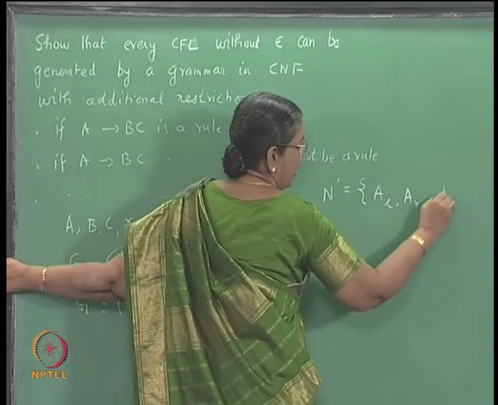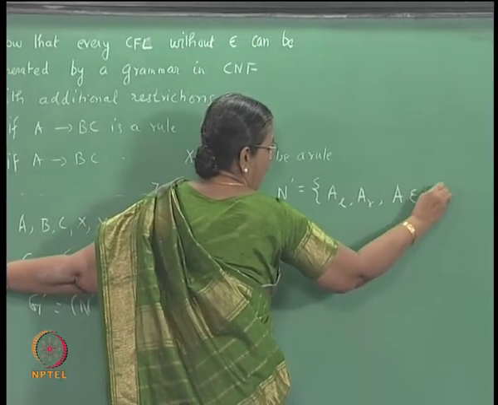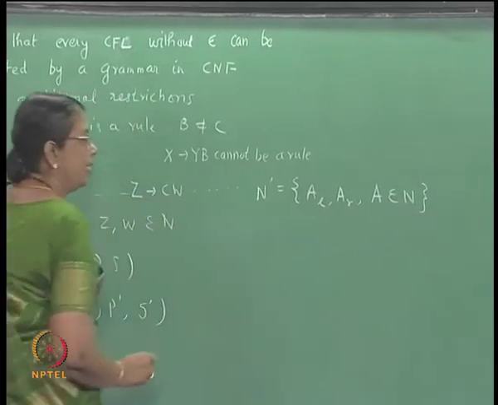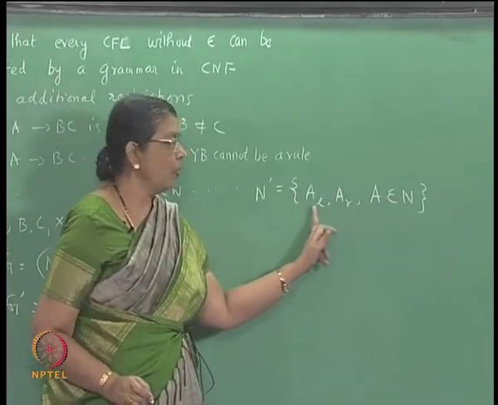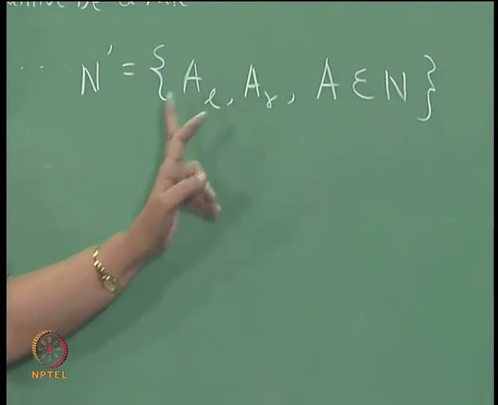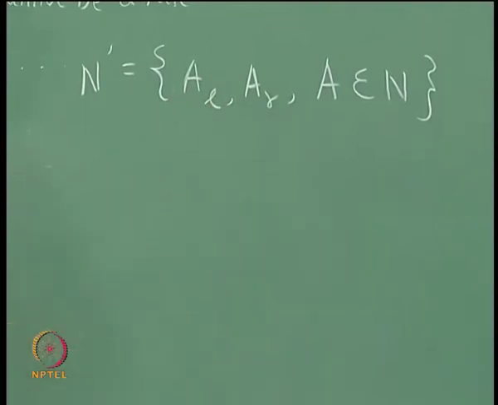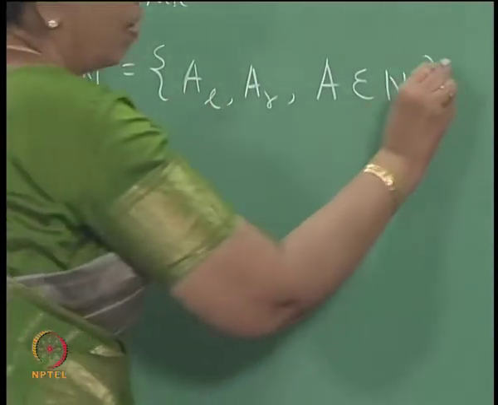For each non-terminal A, you have 2 non-terminals, AL and AR, A left and A right, and one more start symbol.